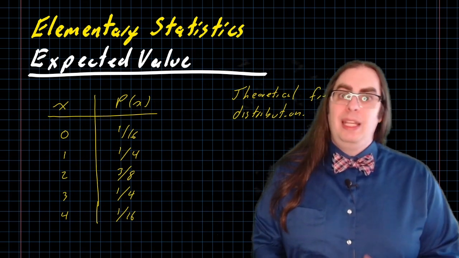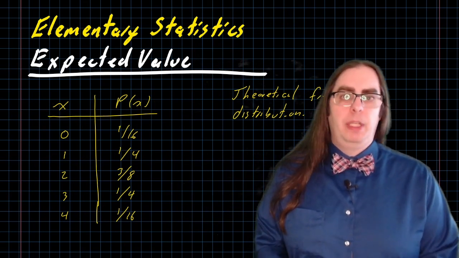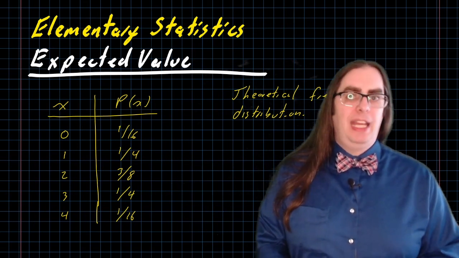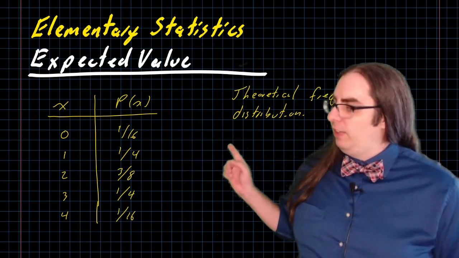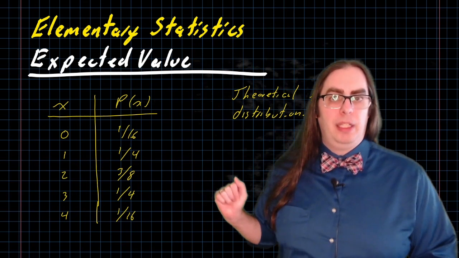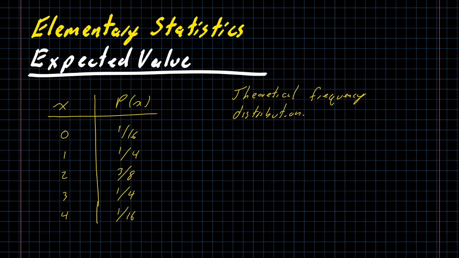And so, in that experiment of flipping a coin, we know everything that could possibly happen. And we've listed out everything that could possibly happen in this probability distribution. That means that a theoretical frequency distribution describes a population.